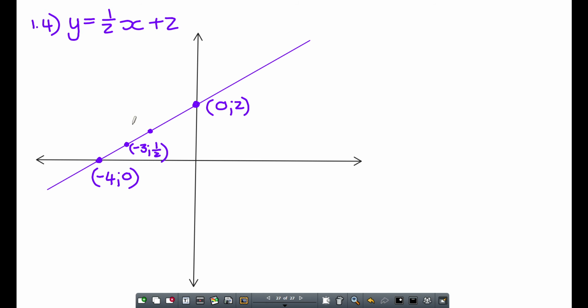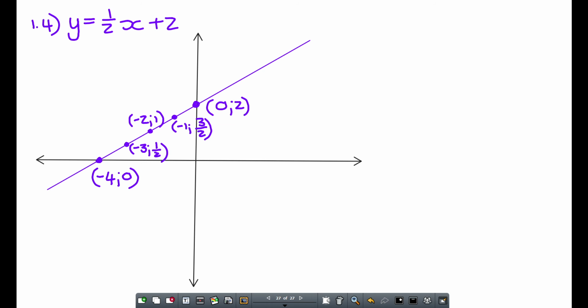If you substituted in x is minus 2, then you would have gotten y is 1. If you substituted in x is minus 1, you would have gotten 3 over 2.